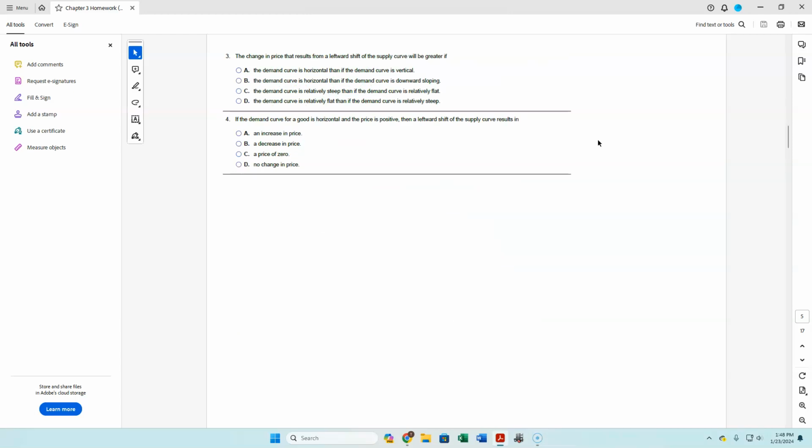Now we've got two sort of definitional or theory questions. In the first one, we're talking about the change in price from a leftward shift of the supply curve. That would be a decrease in supply.